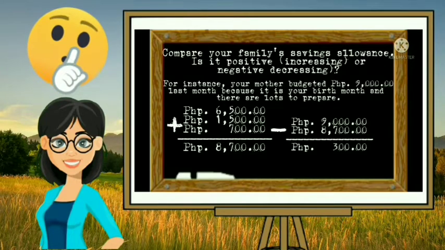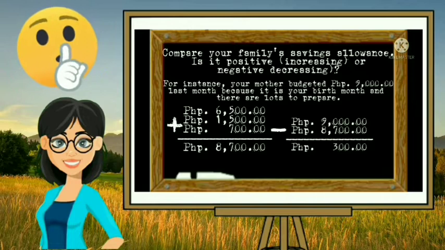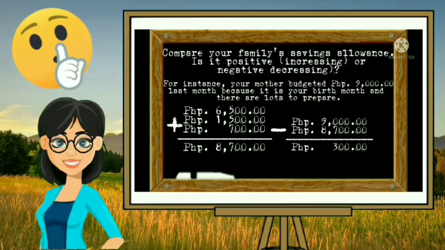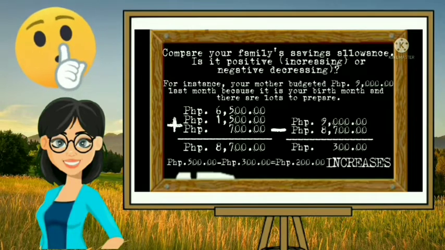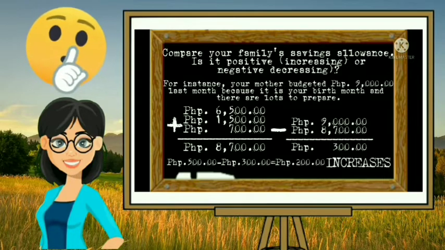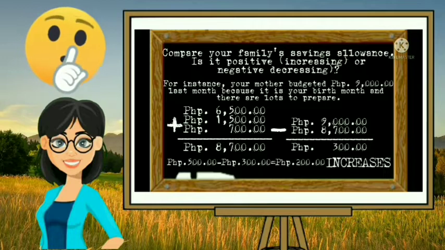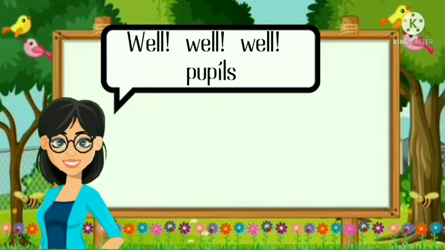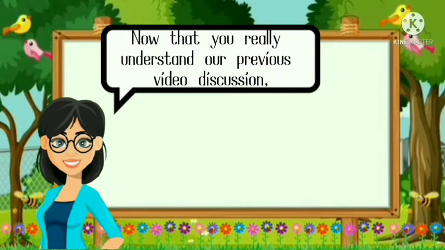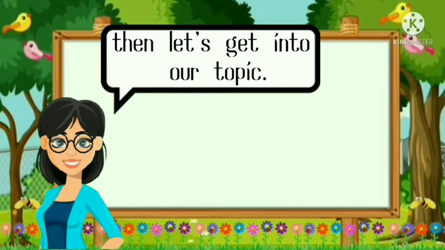Therefore, your family's savings last month is 300 pesos. And therefore, your family's saving allowance increases 200 pesos this month. Alright? Well, pupils, now that you really understand our previous video discussion, then let's get into our topic.